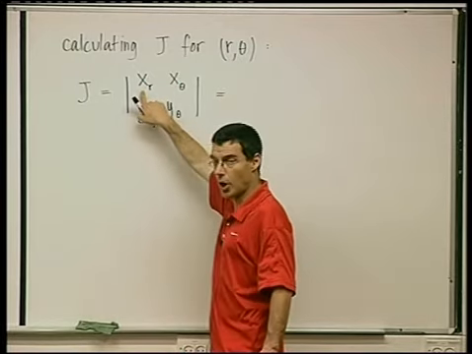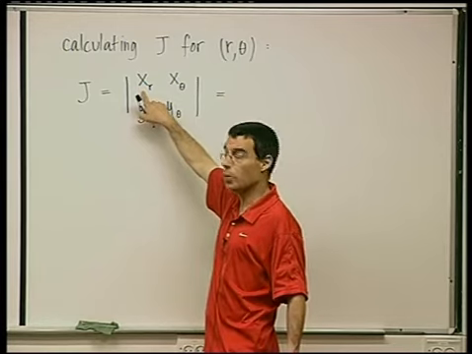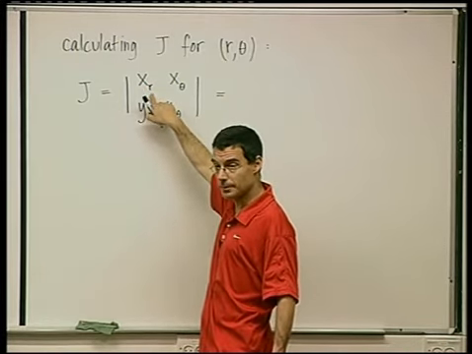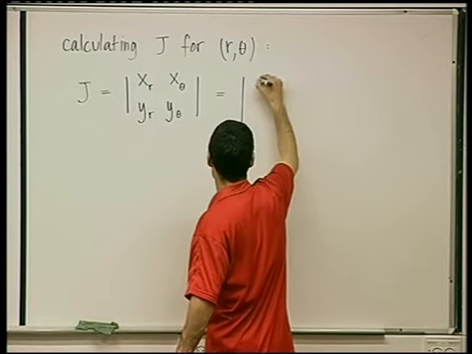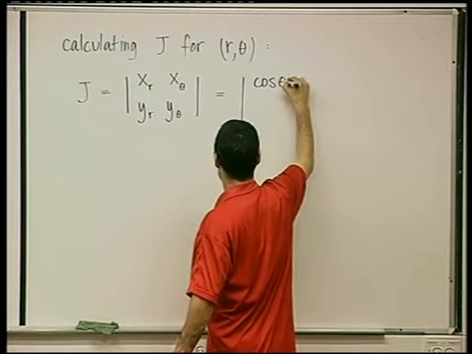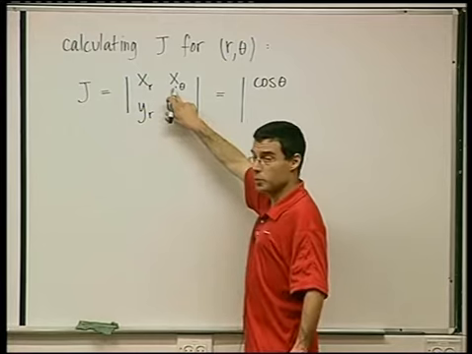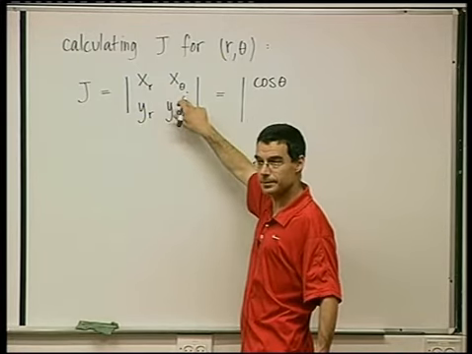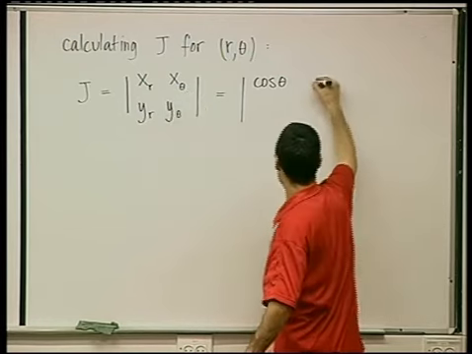X was r cosine theta. What's the derivative of r cosine theta with respect to r? Cosine theta. What's the derivative of r cosine theta with respect to theta? Minus r sine theta.